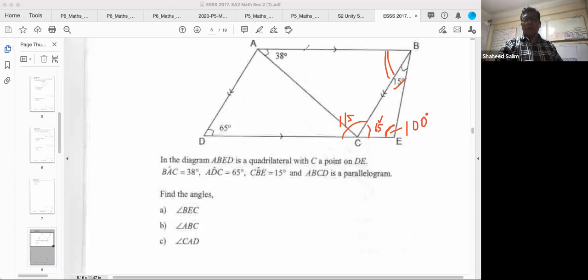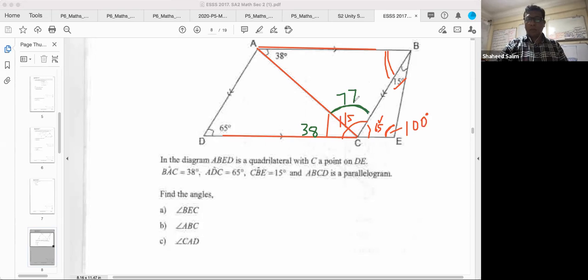ABC found. Okay. So this one, you can use the Z. You can see this Z. So this one is also 38. The whole thing is 115. This one is 38. So 115 minus 38, how much do you get? 77.